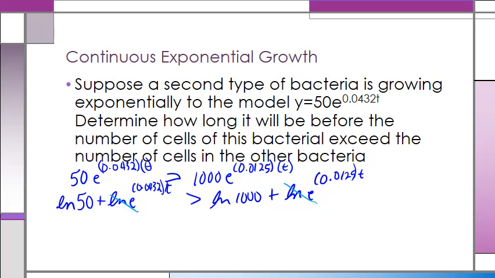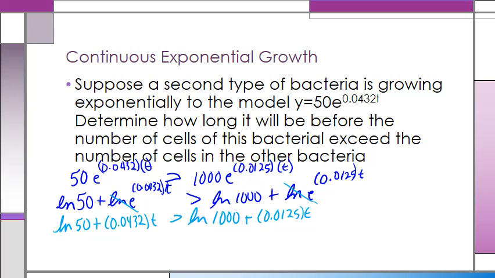And so now I've got the ln of 50 plus 0.0432 times time is greater than the natural log of 1000 plus 0.0125t. Well, let's get all the natural logs on one side and everything else on the other.